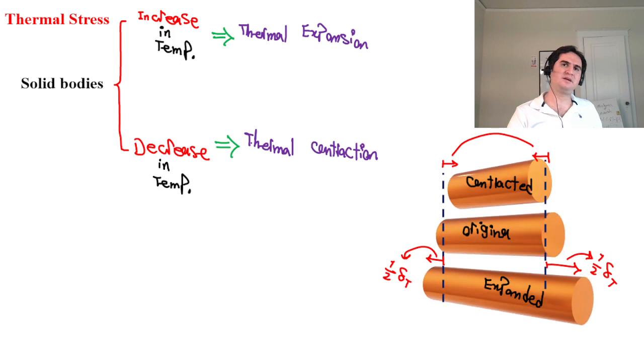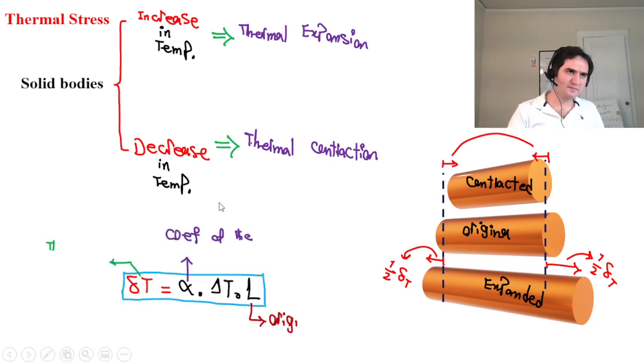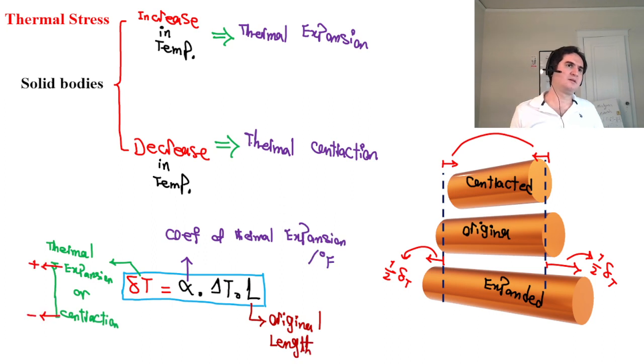If we have an original sample and the temperature goes down, if you cool a material, it just shrinks, and if you heat it up, it just expands at both ends. Likewise, we call delta T thermal, either an expansion, which is positive, or a contraction, a decrease or increase of length due to temperature.